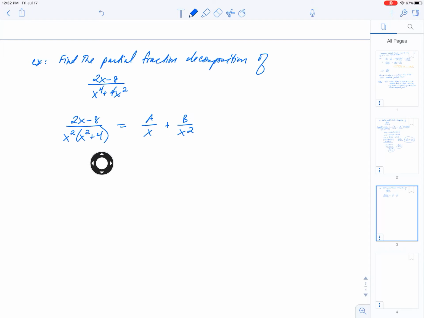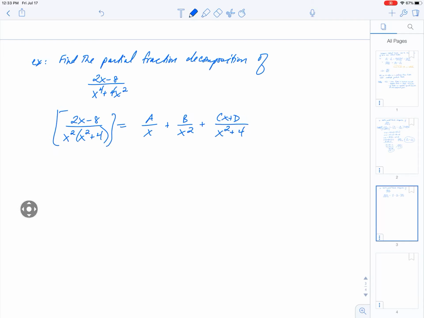And then finally, this is an irreducible quadratic, and for irreducible quadratics, we get linear factors in the numerator. So it's going to be cx plus d because that's the most general linear factor. It's got x raised to the 1st power, and c and d are constants. So that over the irreducible quadratic x squared plus 4. And now what I want to do is multiply both sides by the LCD.